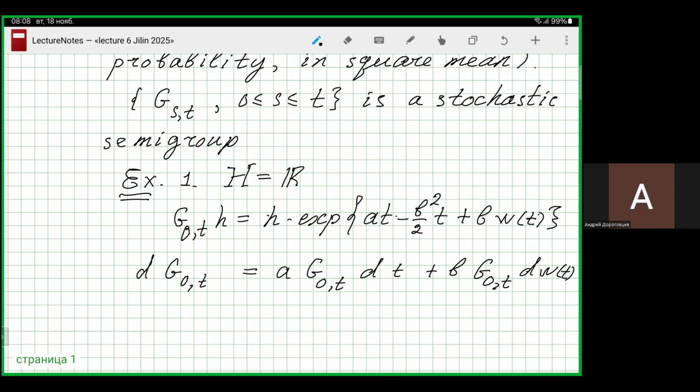To understand this, let us consider the example of a stochastic semigroup of unitary operators in Hilbert space. Suppose now that our H is equal to L2(R). And as before, suppose W_t, t greater or equal than 0, is a Wiener process.